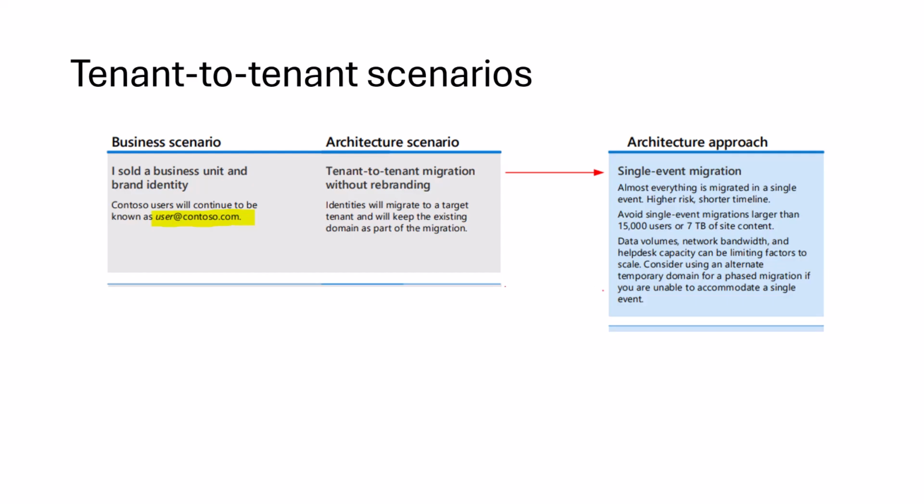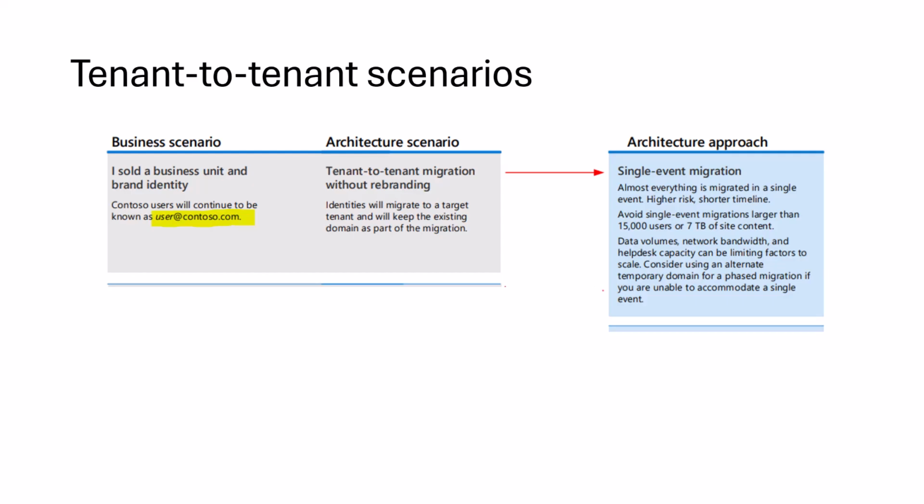And when trying to do a migration without a rebranding, it's called a single event migration because the domain, contoso.com, can actually only live in one tenant. So as part of the migration of the users and the data we have, we also have to transfer over that domain.